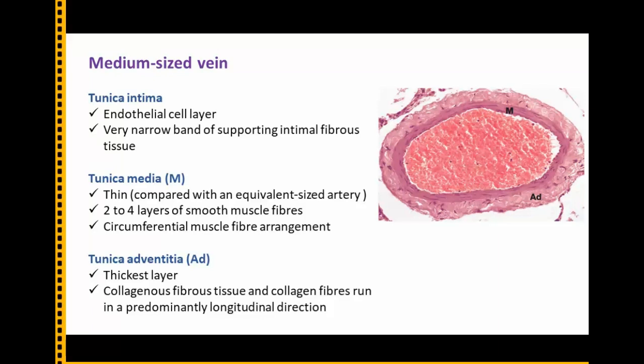The tunica media is thin compared to an artery of equivalent size, but again it is larger than in a small vein. It has more muscle fiber layers than the small vein. The muscle fibers are arranged in a circumferential manner. Here you can see that.